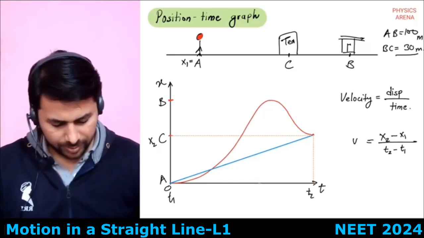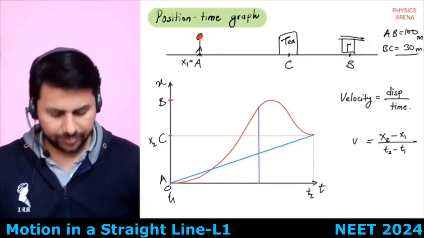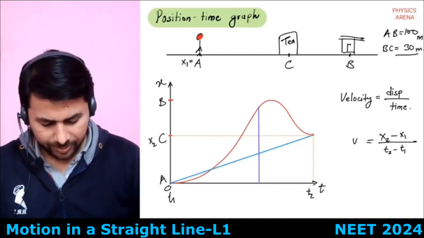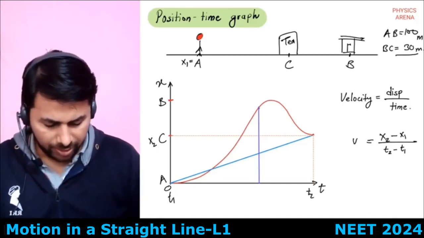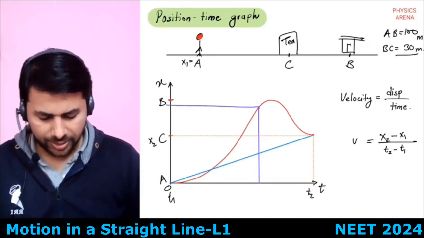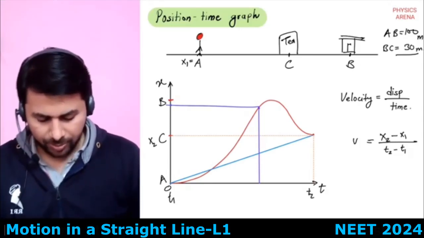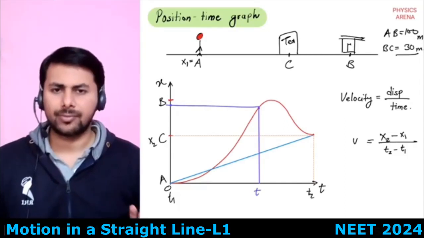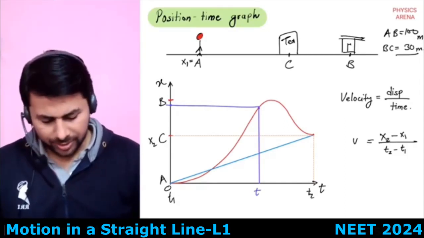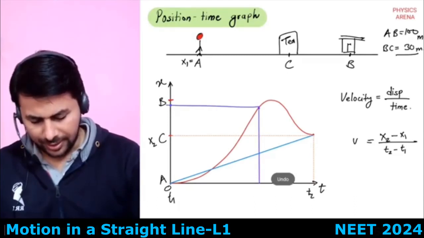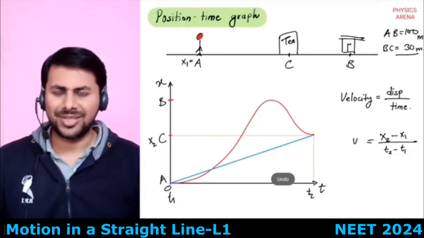I will draw a straight line from this point, and it meets the graph at this point. Then I will draw a straight line from there to the position axis. So this is my position at this time. Everybody knows this, right? Yes, no?